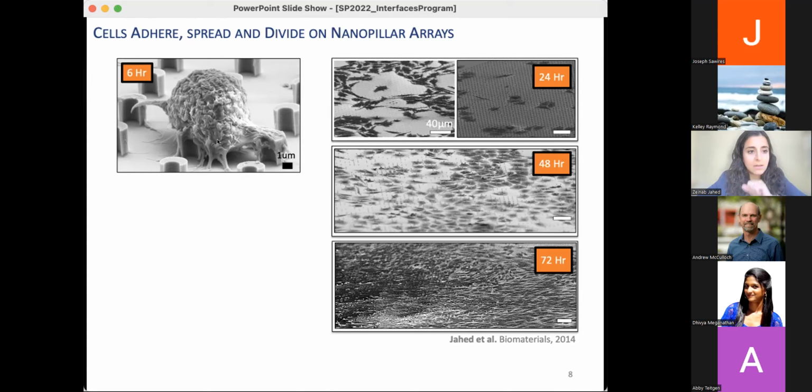This is a scanning electron microscope image of a cell 6 hours after we plate them on these nanopillars, and you can see how after 48 hours they grow, and eventually they become fully confluent like they would on a regular culture dish. This suggests that they're able to perform their basic biological functions.